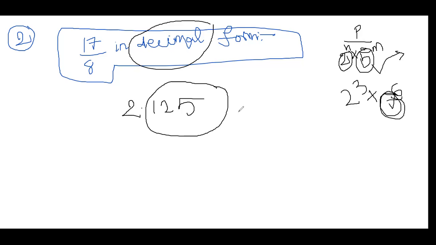We put a point and take 0, so 10. 8 ones are 8, and 10 minus 8 is 2. Already we took a point, so we take 0 again, 20. 8 twos are 16, so 4, and again 0, 40. 8 fives are 40, remainder 0. Very good.